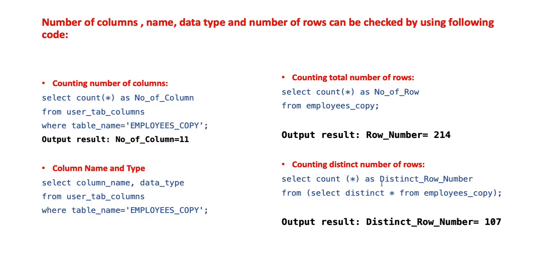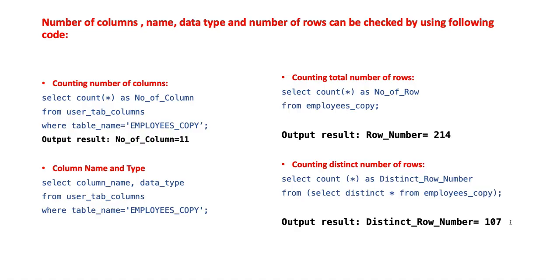The outer query counts the distinct rows which we have already evaluated from the subquery, and it gives the total number of distinct rows. In this example, the distinct number of rows is 107. That means every record is duplicated in this example. That's why we get a total of 214 and a distinct number of only 107.